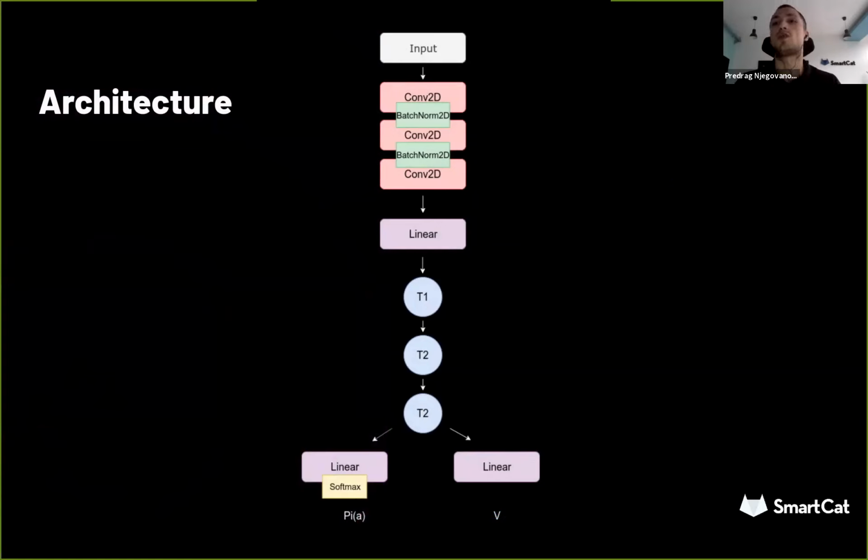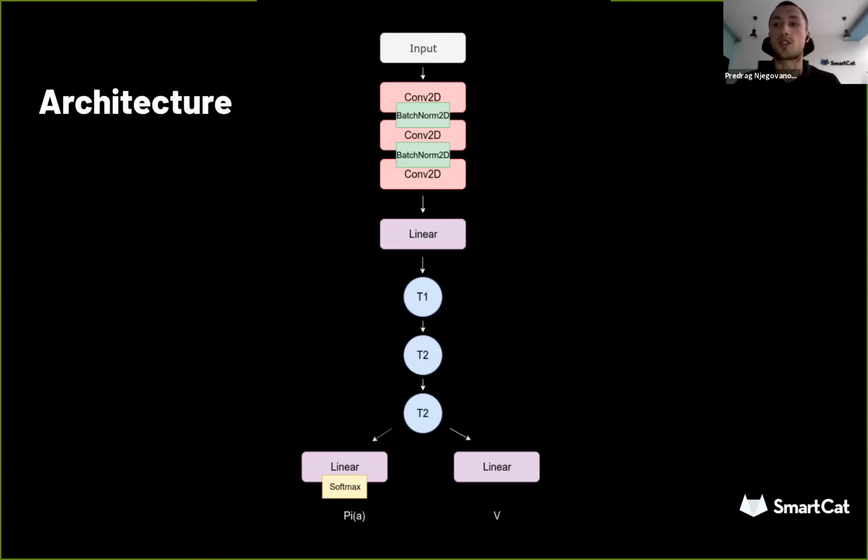And this was the architecture of my neural network model. Basically, I had a three-layer convolutional network, followed by a linear flat and dense layer. And since I knew that I had to follow the history of movement of my agent, I knew that I should append a recurrent neural network to it.